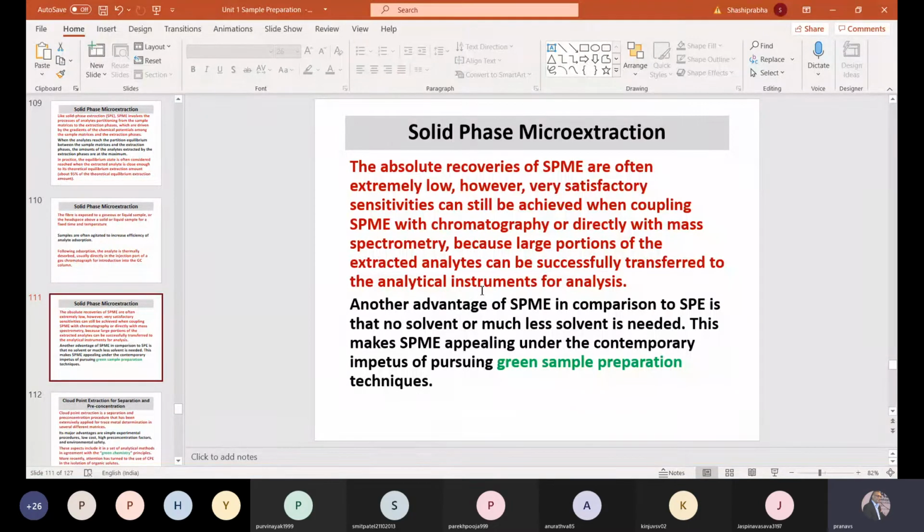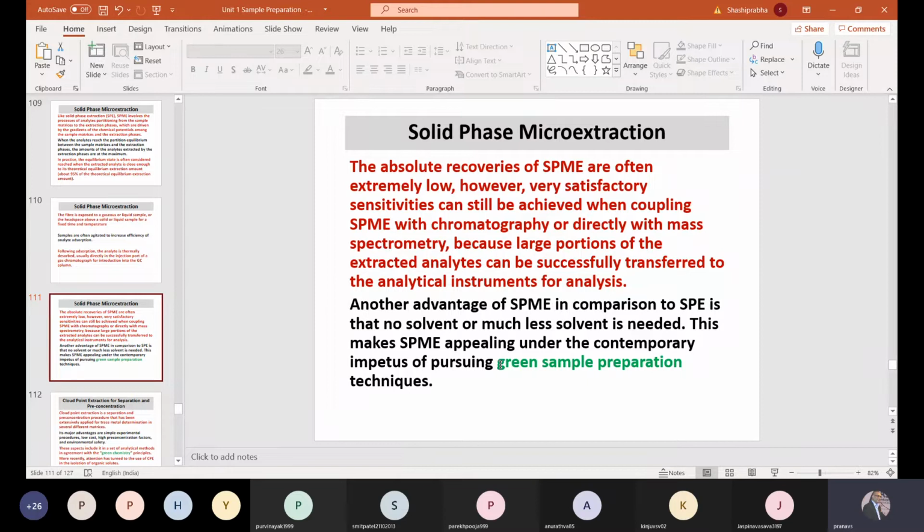And these are the features. The absolute recoveries are often extremely low. However, very satisfactory results can still be achieved when coupling SPME with chromatography. And this is the most important thing, that it is a green sample preparation technique. So when we talk about green sample preparation techniques, this is one such technique which is in use as of now worldwide because of environmental concerns.